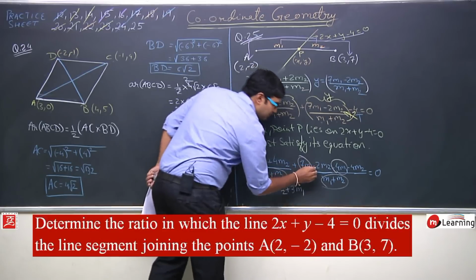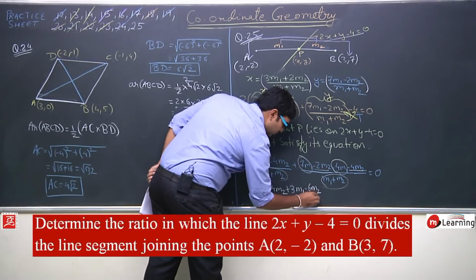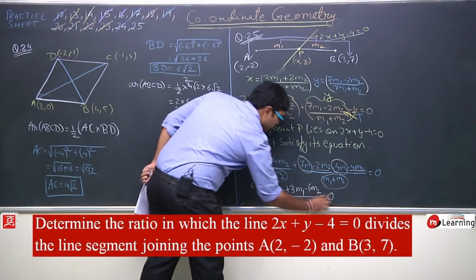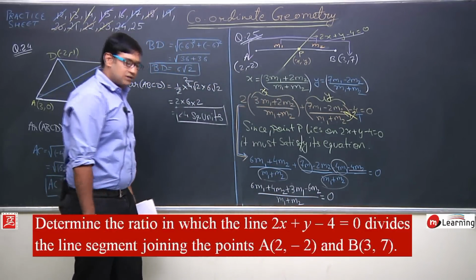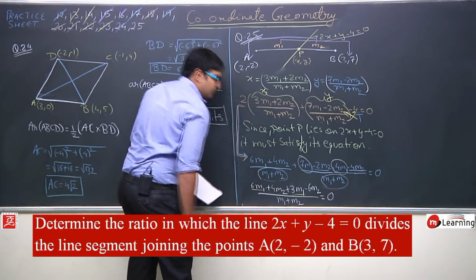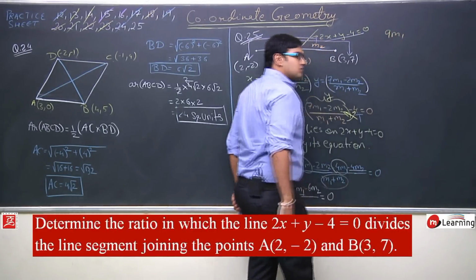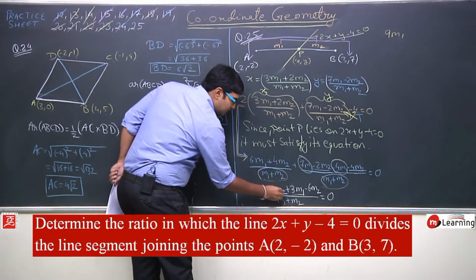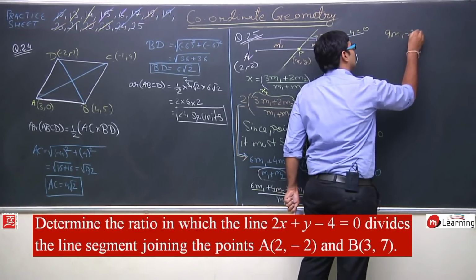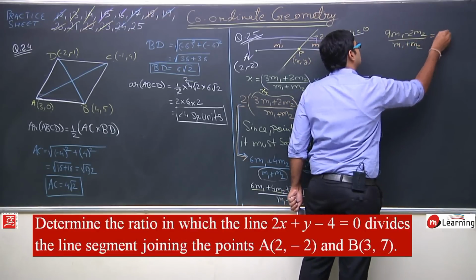Then minus 2m2 and minus 4m2 will give you minus 6m2 upon m1 plus m2 equals 0. Now observe this: 6m1 and 3m1, 6 plus 3 is 9m1, and 4m2 minus 6m2 is minus 2m2, upon m1 plus m2 equals 0.